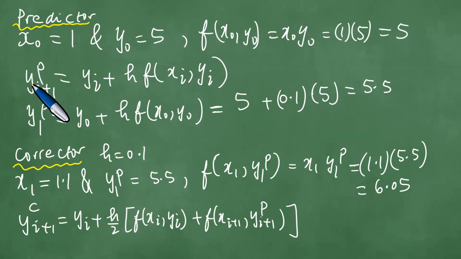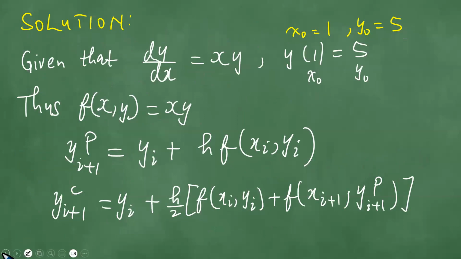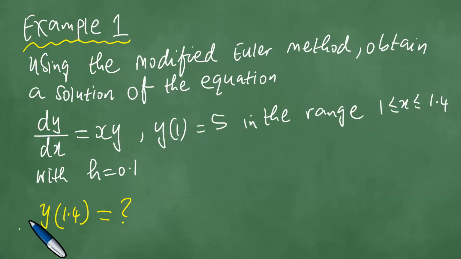And then now we shall go and do the predictor and the corrector at the next step. What is the next step? It's 1.1, we must do the predictor there until we are able to do the predictor at 1.4, because we must do this up to 1.4.